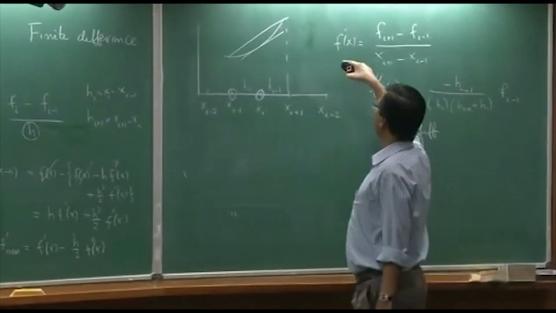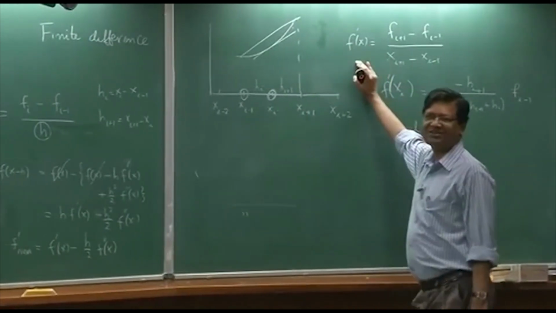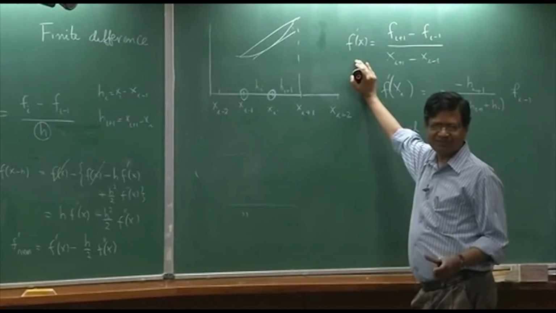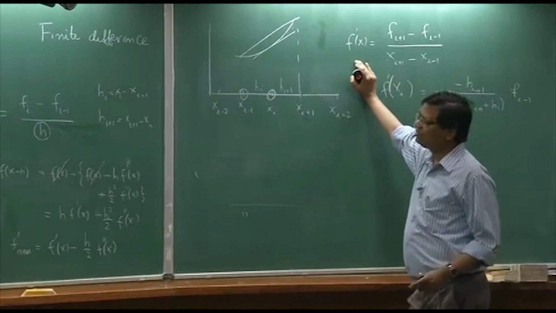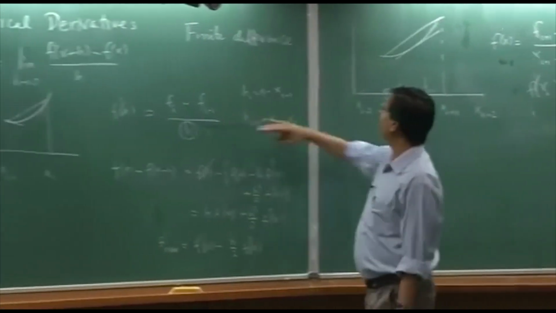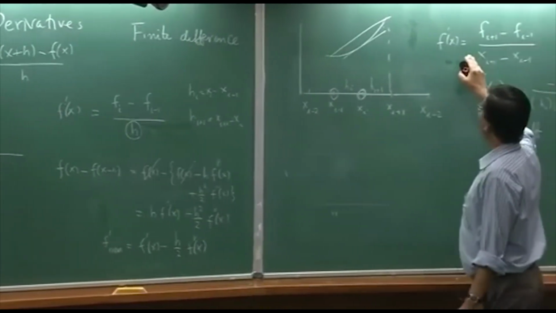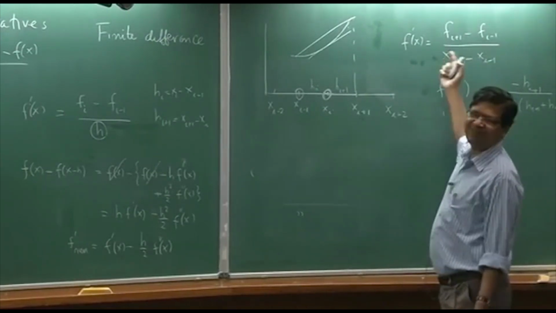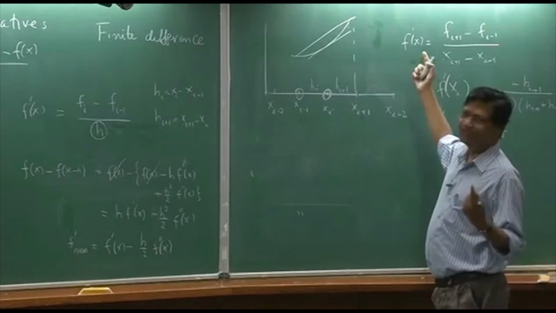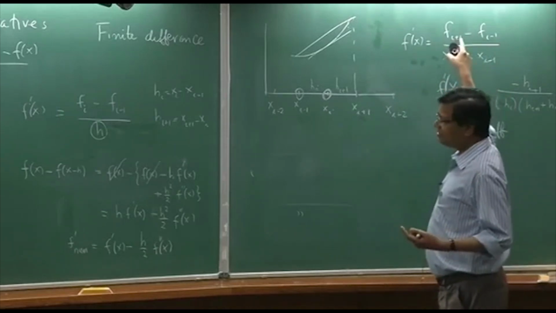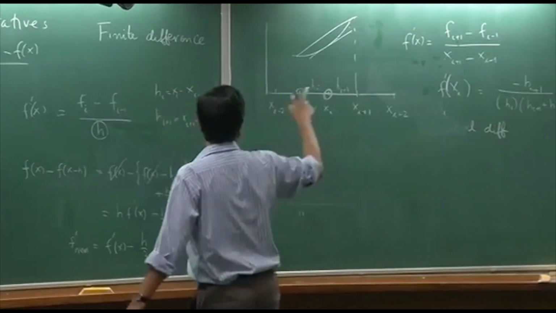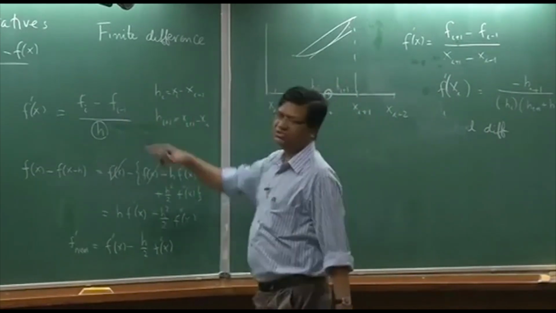Now, how many numerical operations were you doing here? Numerical operations are addition, subtraction and division. There is one division involved here, and there are two subtractions if you like, or if h is given to you, only one subtraction. So the operation count is exactly the same in these two, but this gives you h squared and this gives you h.